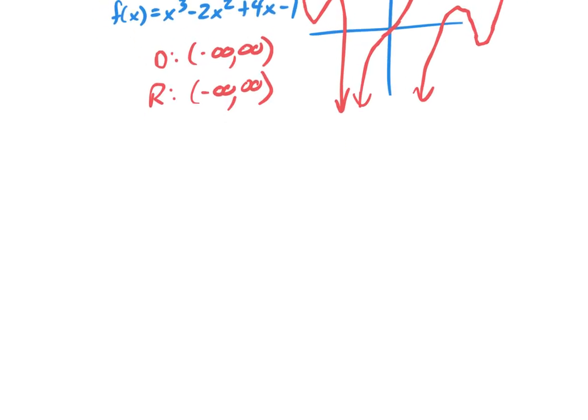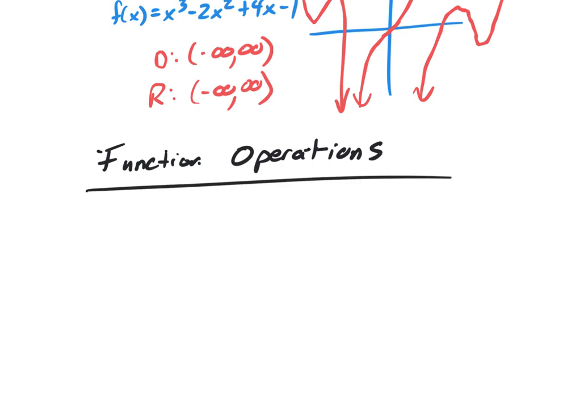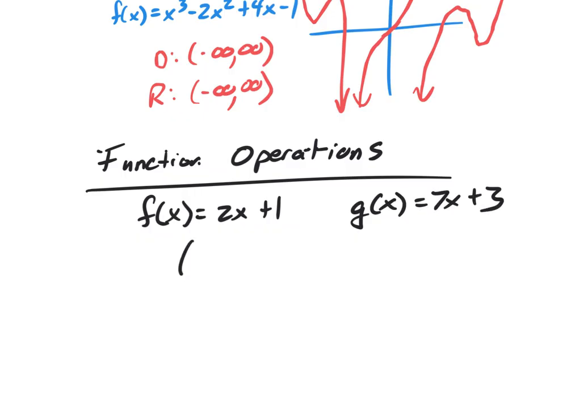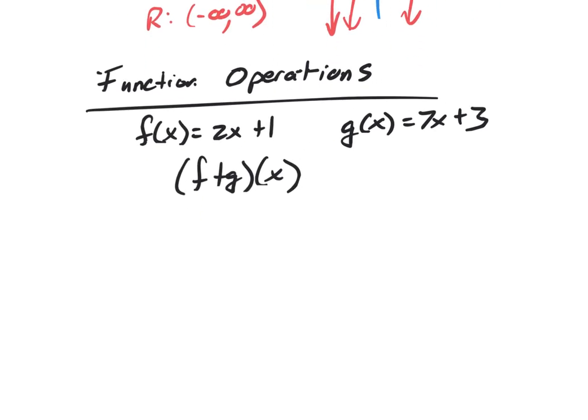All right, last thing we're going to talk about today is function operations. And this kind of goes back to what we did just a second ago. If I gave you two functions, we could do f plus g of x, or we could do f minus g of x.